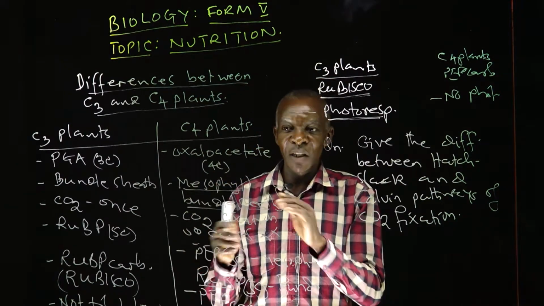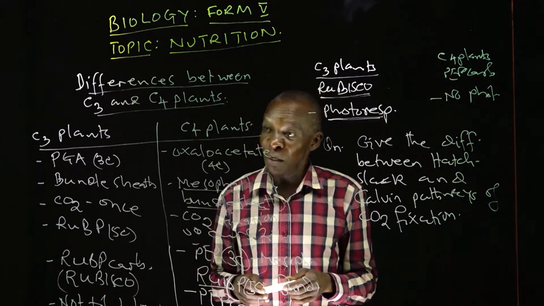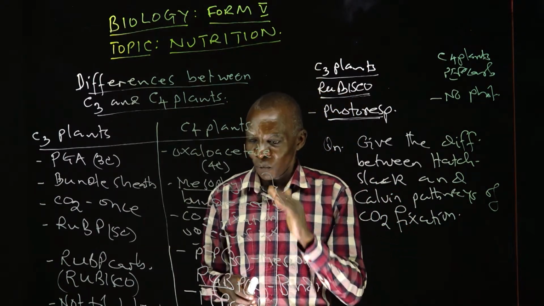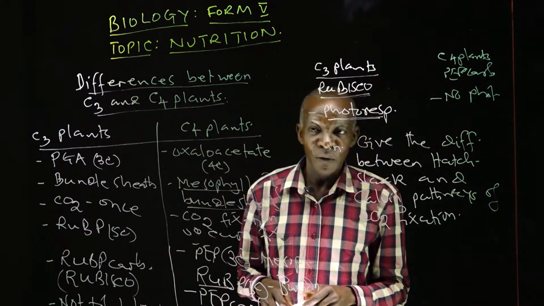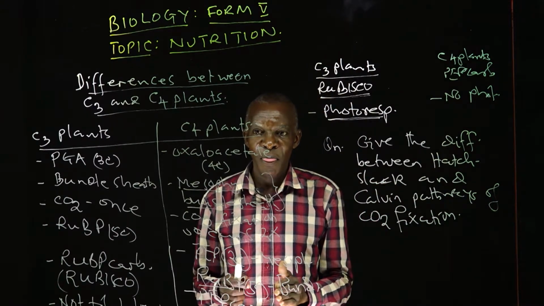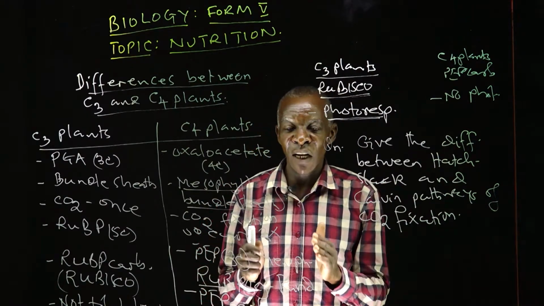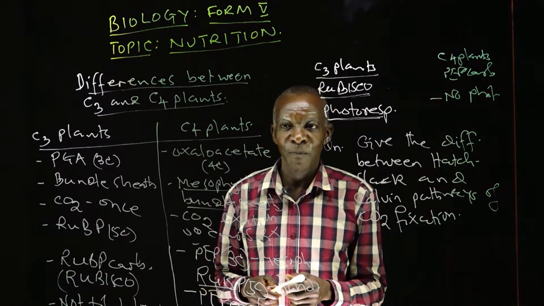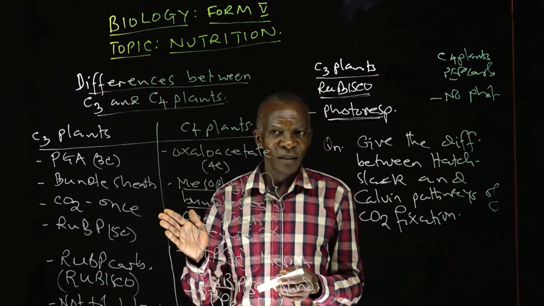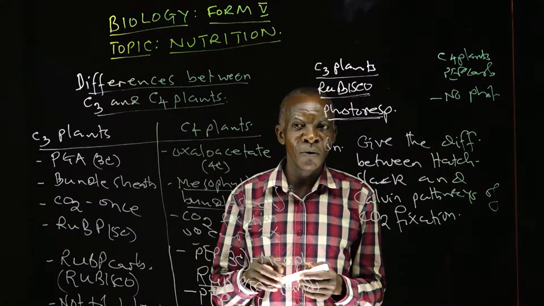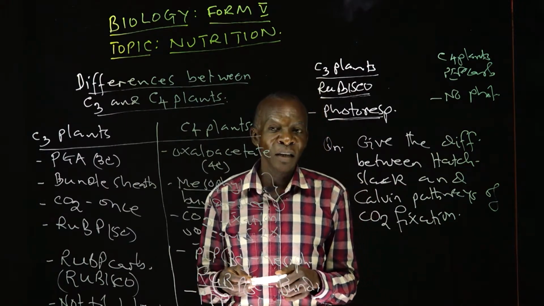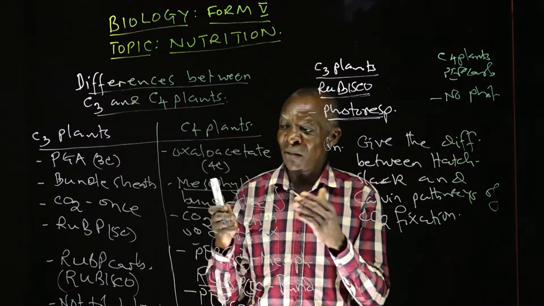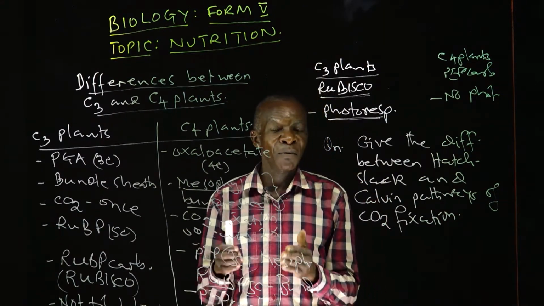Now, we have seen the differences between the C3 and the C4 plants. We switch over to the mechanism of carbon dioxide fixation in the C4 plants. We did see the mechanism of carbon dioxide fixation in the C3 plants when we were discussing the dark reactions of photosynthesis.